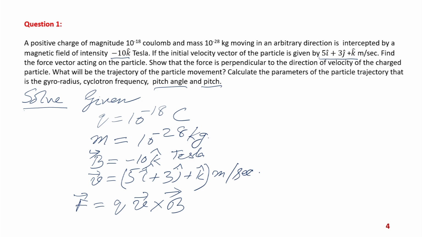In order to do that, I need to find the dot product of the velocity vector and the Lorentz force vector, and show that it is equal to 0. So, what is our Lorentz force? If I want to find it out, I write it as q into v cross B.